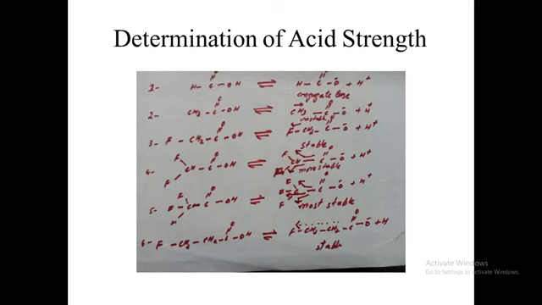For the determination of stability of the conjugate base, we will look at the groups attached to the conjugate base. In the second example, this is acetic acid. In both the first and second examples, you can see the carboxylate ion, C double bond O and CO negative, is common.